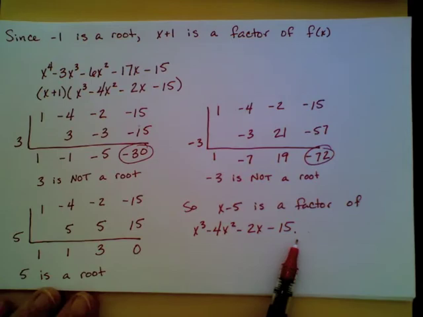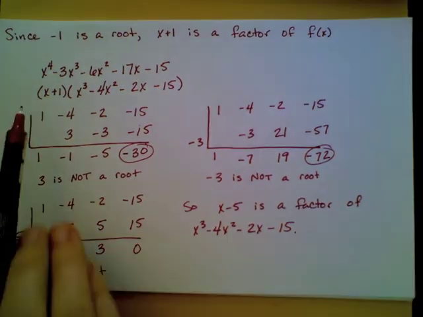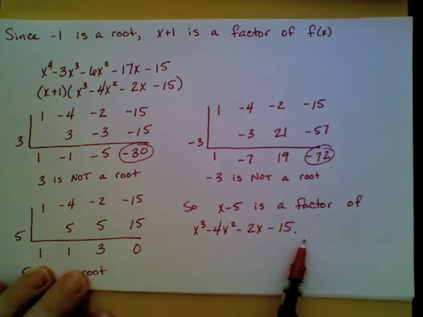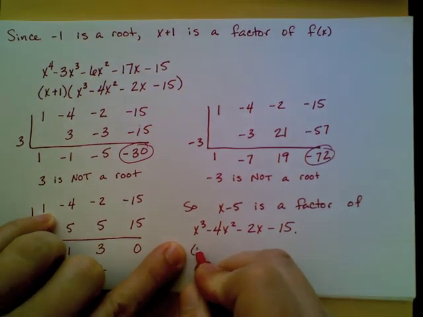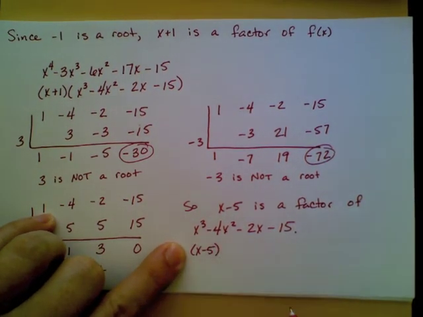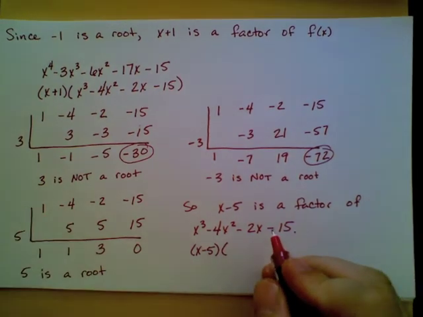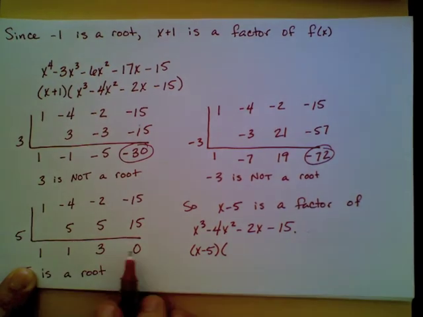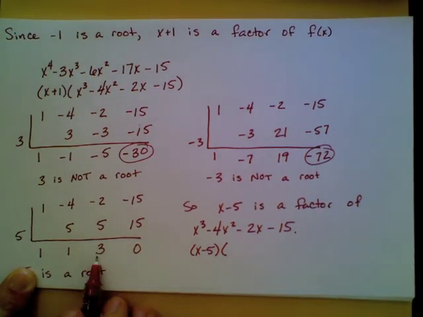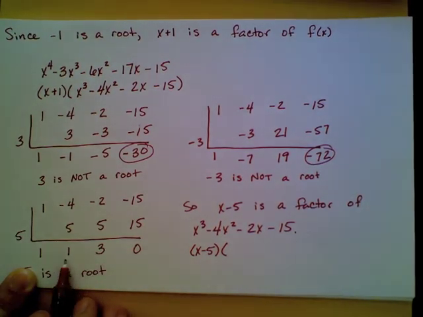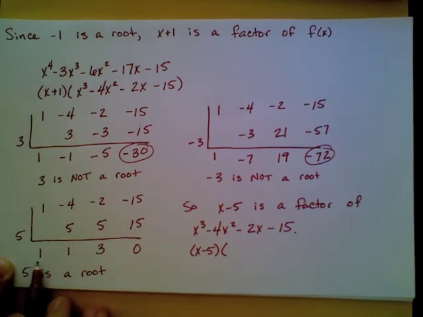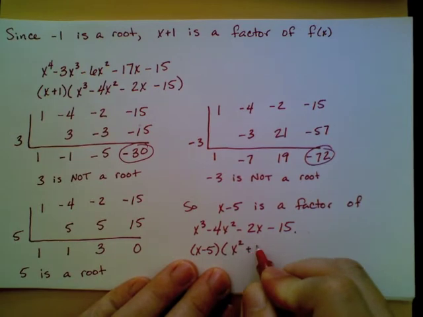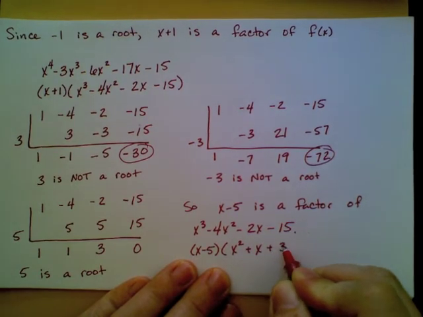So f of x will be equal to x plus 1 times whatever this is factored, which will be x minus 5 times, now remember we're going to use this, the 0 was the remainder, this is the constant term, this is the x term, and this is the x squared term. So this is x squared plus x plus 3.